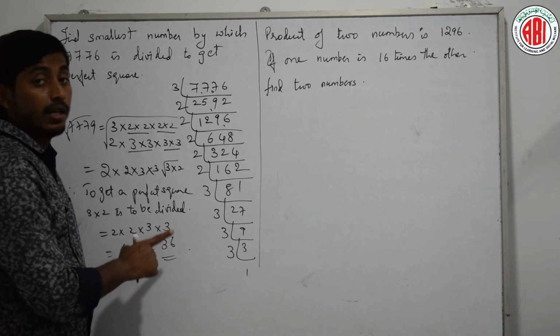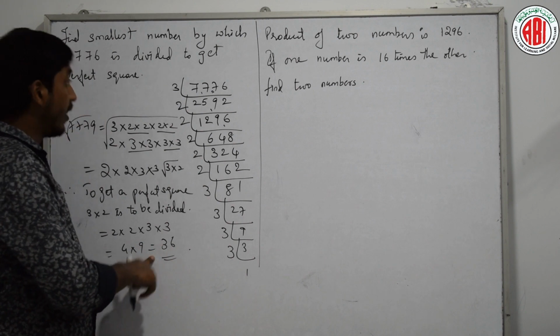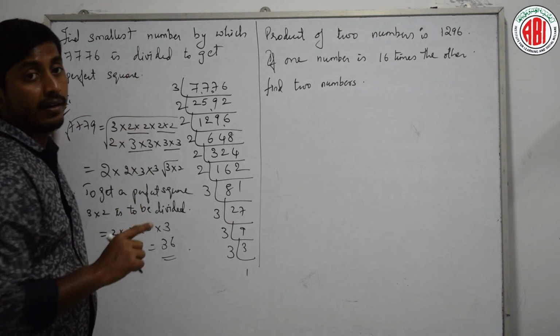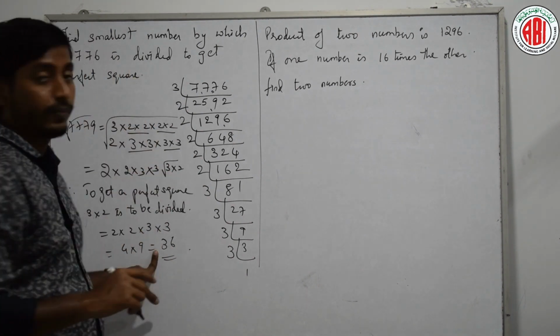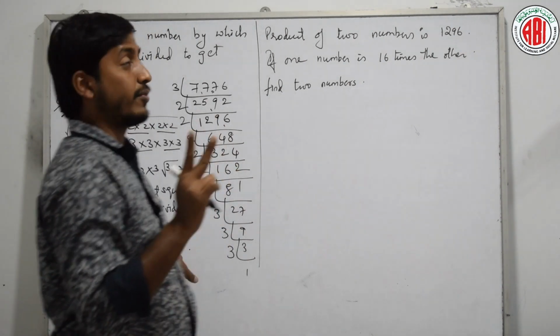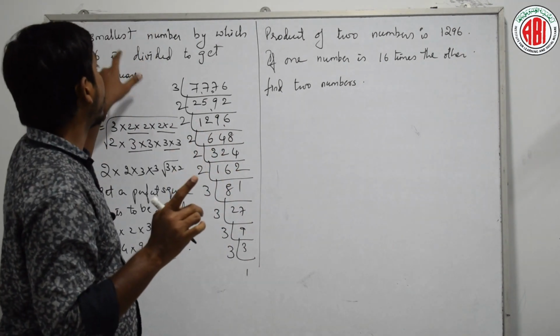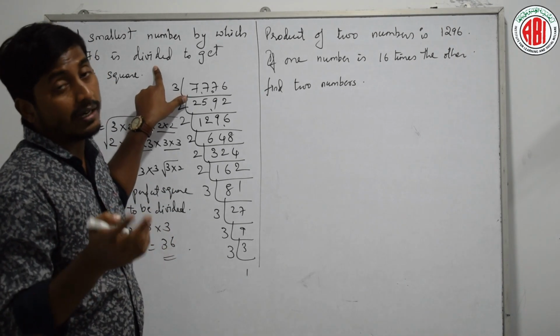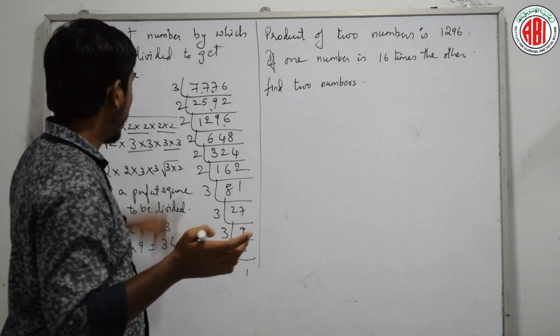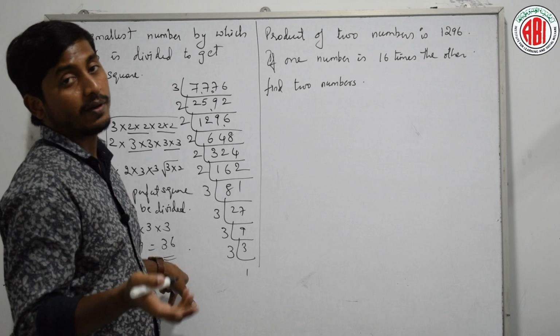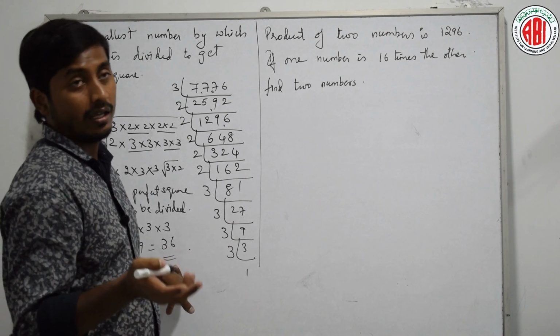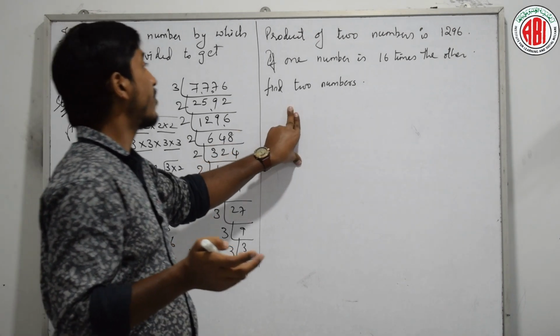This is the square root of the number. Is it clear? Did you understand? We did 2 problems: one is the smallest number to be multiplied to get a perfect square, and the next is the smallest number to be divided to get a perfect square. Is it okay? Fine. See here, the next question.